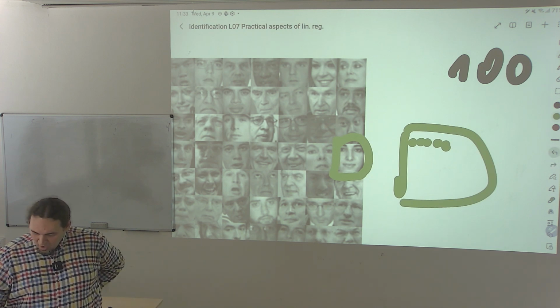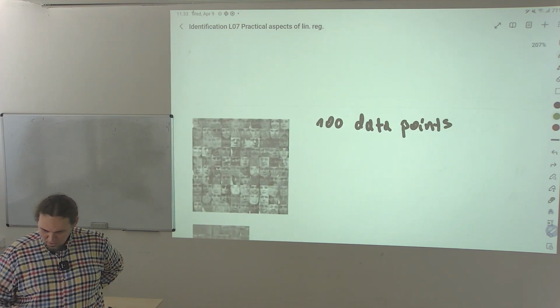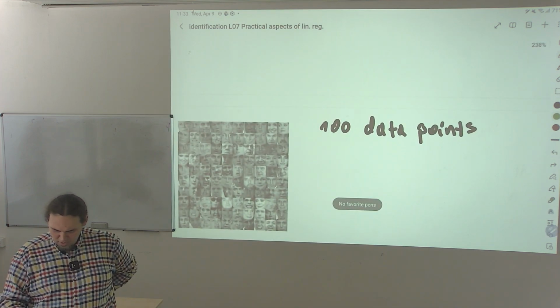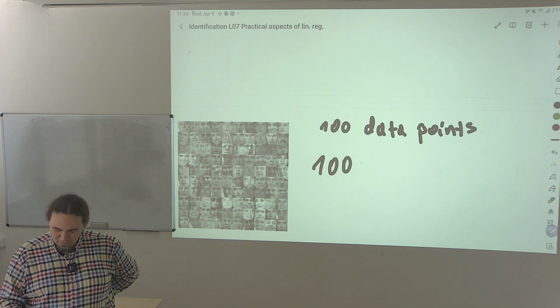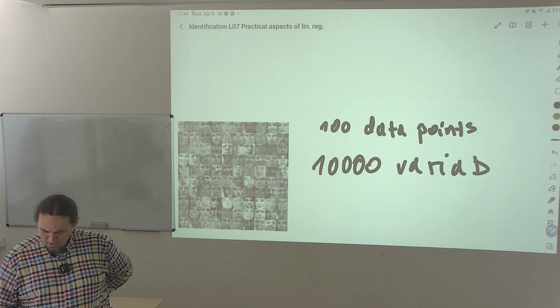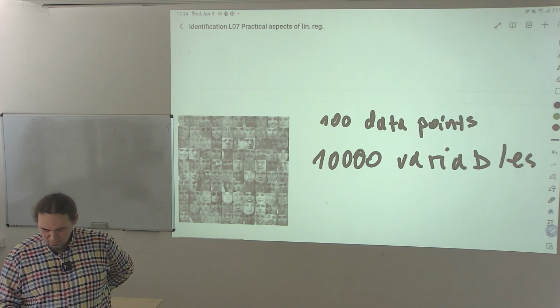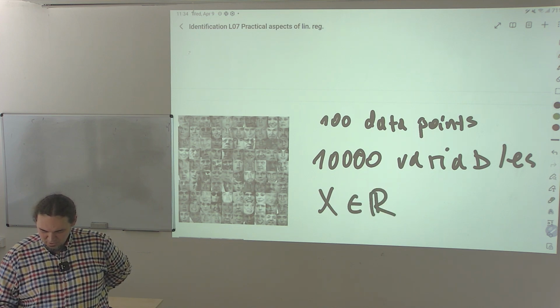So we actually have 100 data points, maybe, okay, let's say thousands. Let's just do it in order. Maybe we have 10,000 variables.